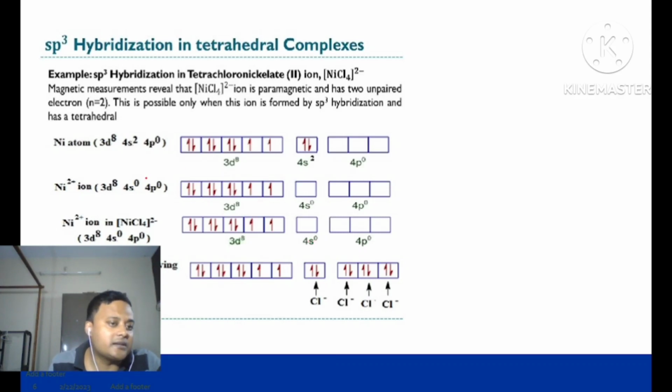First step, d system, Ni2+ d8. Then chlorine is a weak ligand, so normal arrangement: according to Hund's rule, first singly fill up, after that pairing. In that case, two unpaired electrons, that's why paramagnetic. So sp3, tetrahedral, and the magnetic property is paramagnetic.